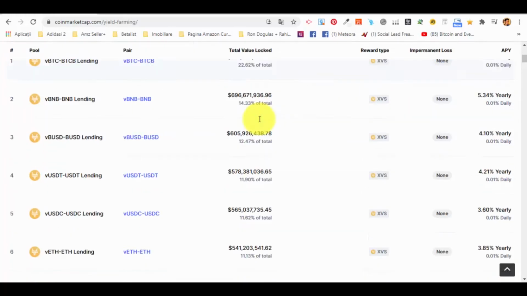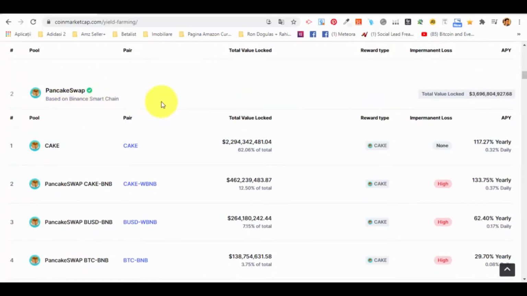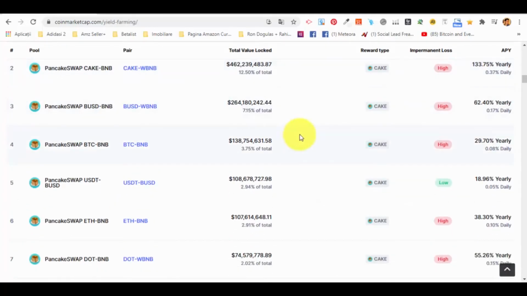So Venus is one of the pools, and if you scroll down, PancakeSwap, which is very, very popular at the moment. For example, on PancakeSwap, we have a pair. You need to invest these pairs. So USDT and BUSD has a total of $108 million, which is not a lot for this type of pool, but also not a small value.